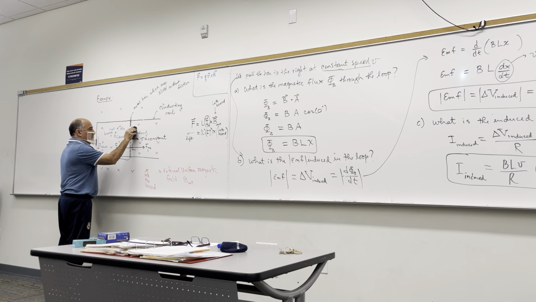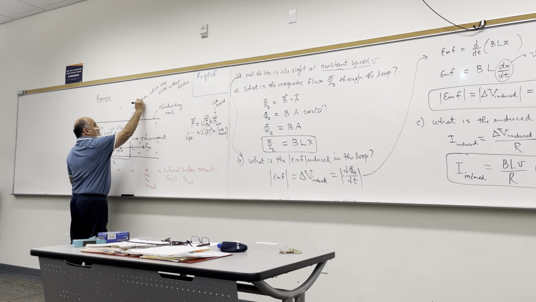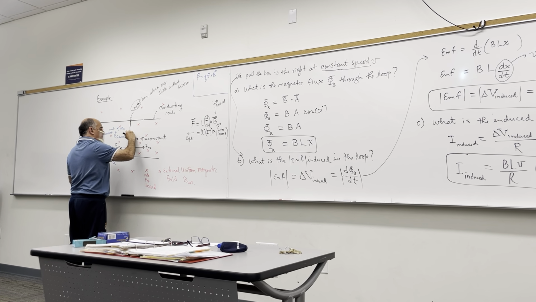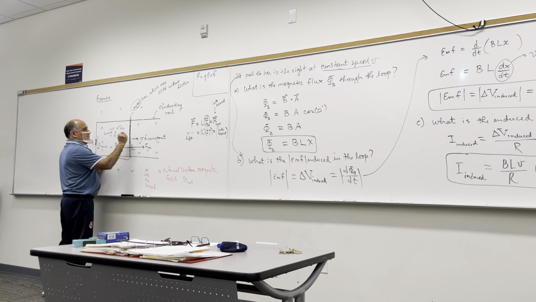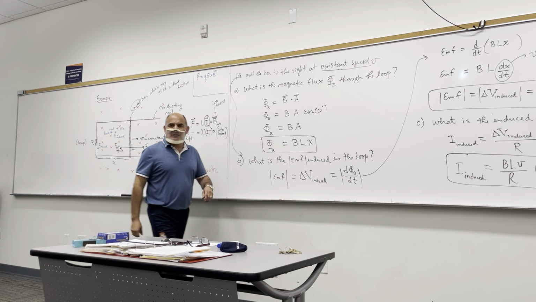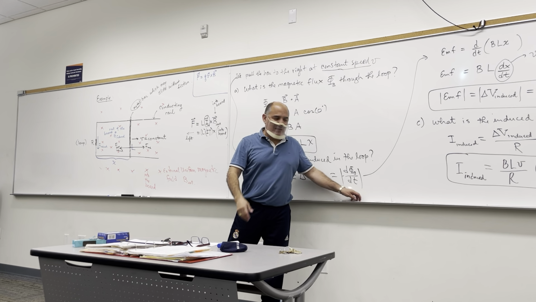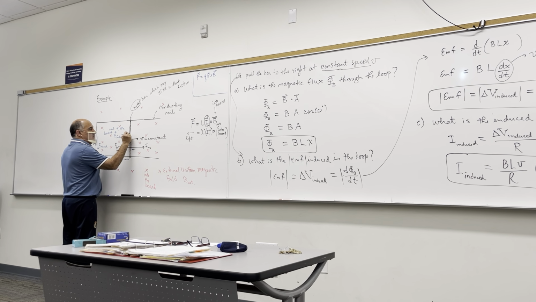Let's forget about that for the moment. The bar is right here, and the bar is metal, so what does it have? It has free electrons. Let's think of a free electron in there. Maybe I'll use a different color for that. There's a whole bunch of free electrons in the bar. There's a free electron here.